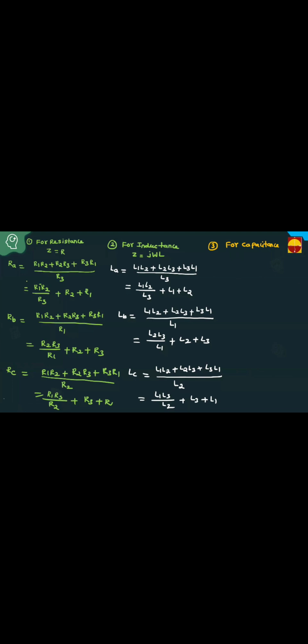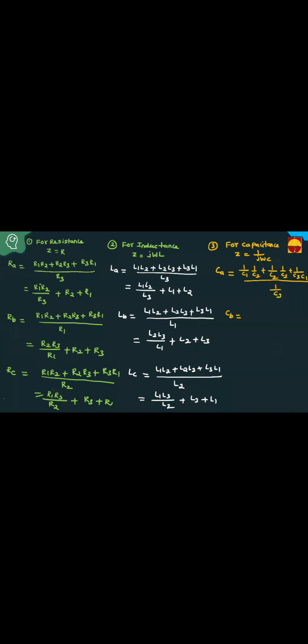Here I am applying the star to delta conversion. Star to delta means I am calculating the delta parameters. Z equal to 1 by j omega C. Then what is CA? Now apply the formula of CA. It is the same, but inverse: you write 1 by C1 C2 plus 1 by C2 C3 plus 1 by C3 C1, divided by 1 by C3.